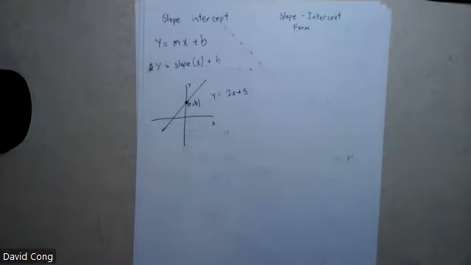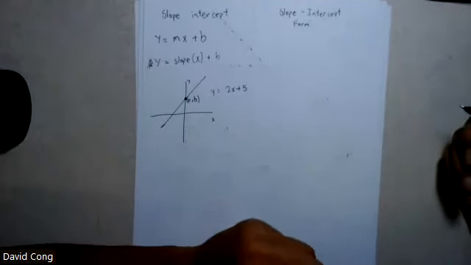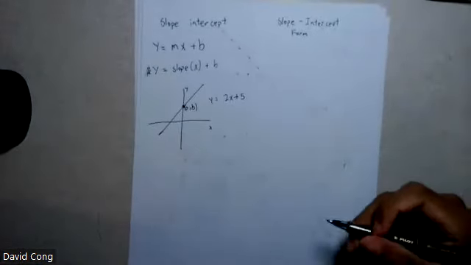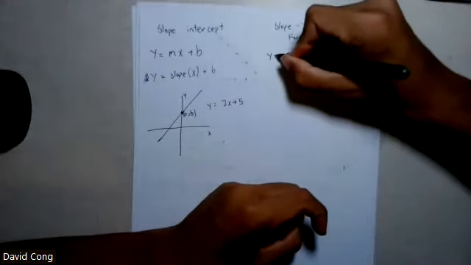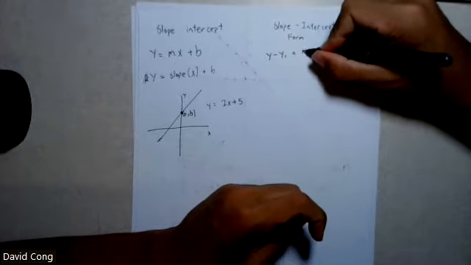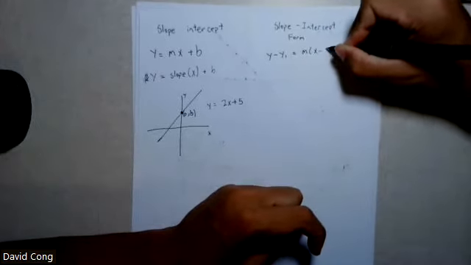So we're not always going to get such nice points like the x-intercept. But we usually want the equation in this form because it's very easy to work with. What this form says is y minus y1 is equal to m times x minus x1.